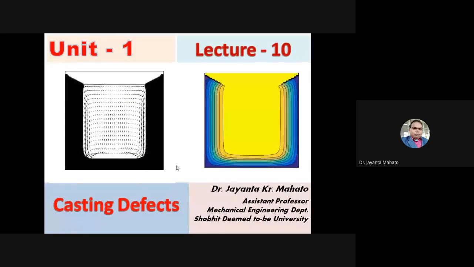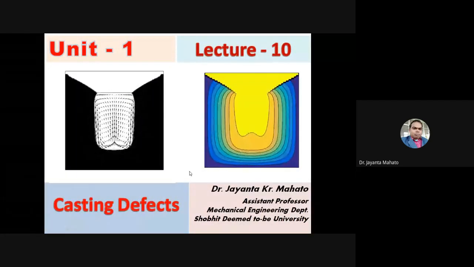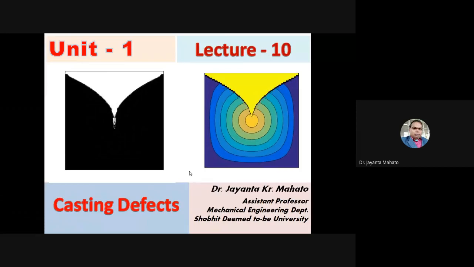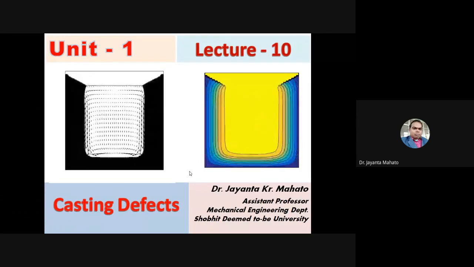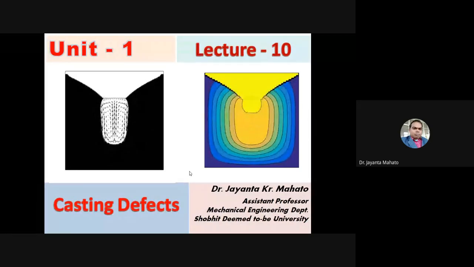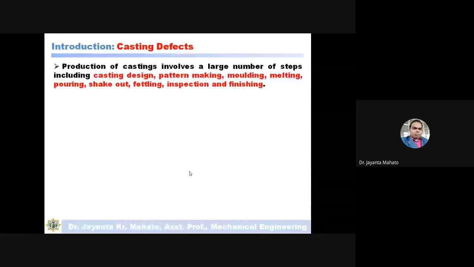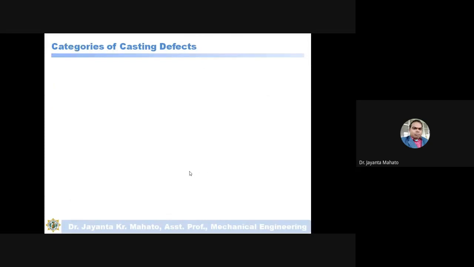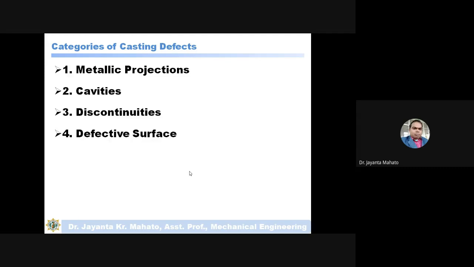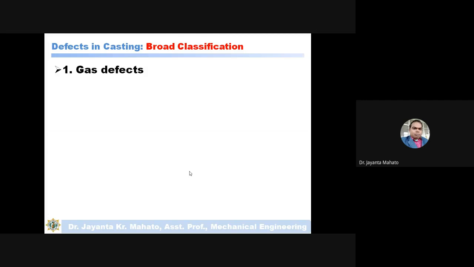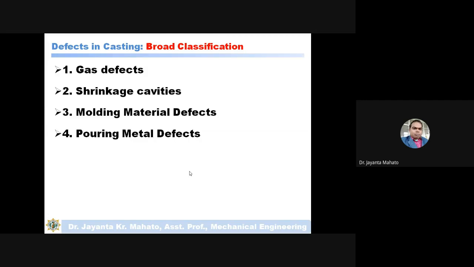Next day, we will discuss casting defects. Okay, means different types of casting defects, classification of casting defects, how the casting defects are formed, some introduction part, causes of the casting defects, why the casting defects are formed, and categories of the casting defects, and broad classification of the casting defects: gas defects, shrinkage defects, molding material defects, pouring metal defects, metallurgical defects.